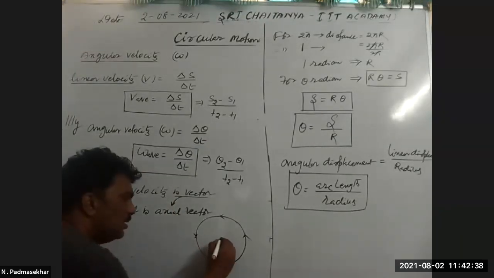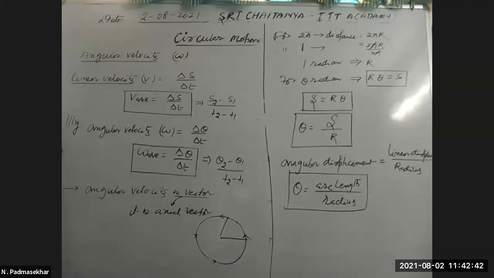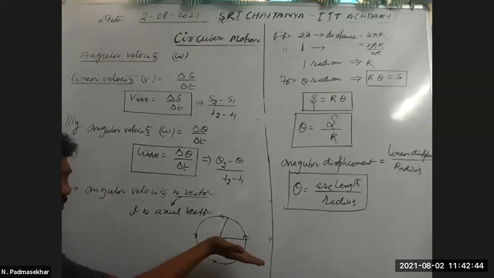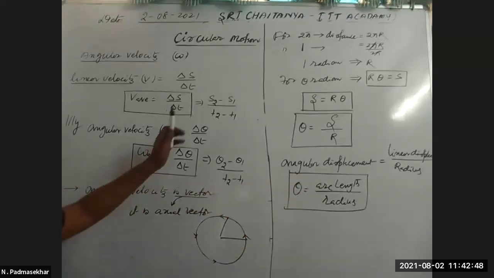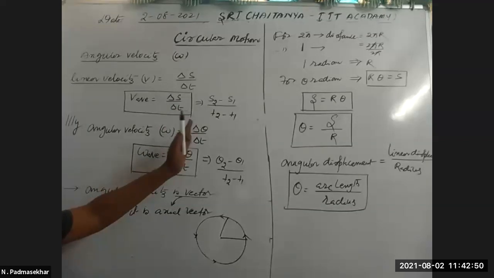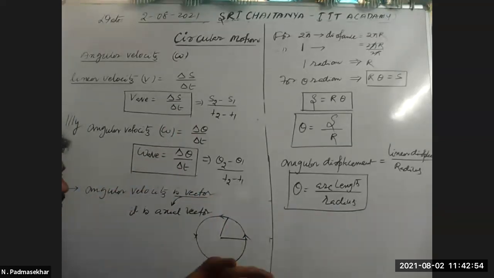What is the angular velocity direction? Right hand thumb rule only. So if the angular displacement is in a direction, the angular velocity is also in the same direction.